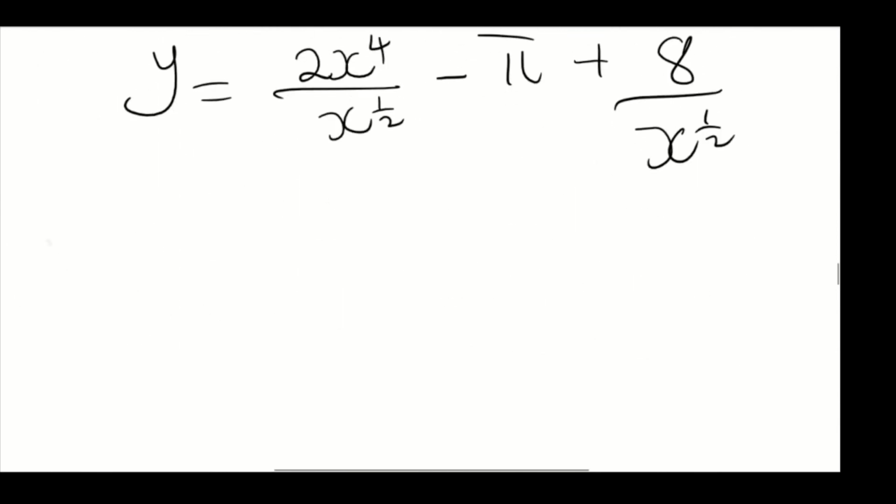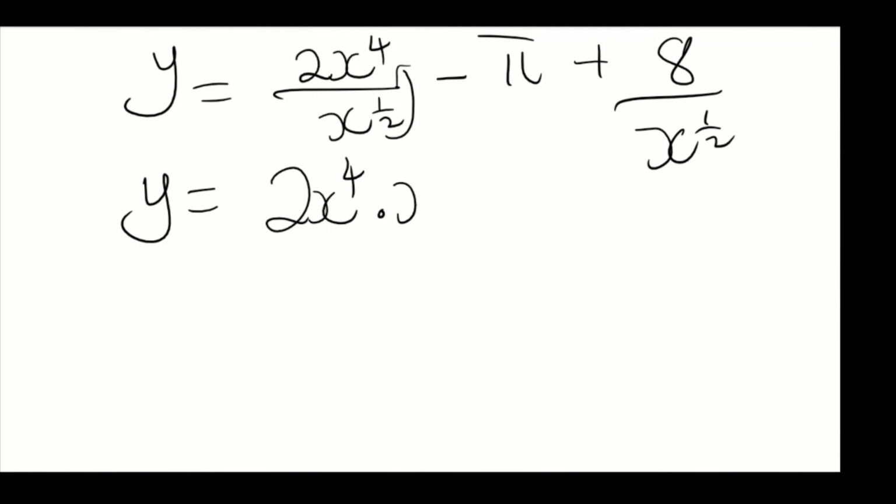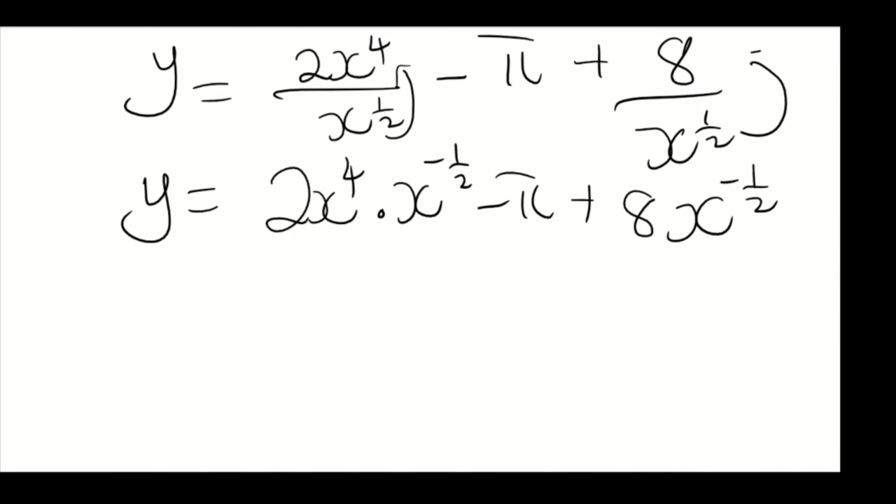So let's first deal with this problem before we derive. So y is equal to, we're going to take this x to the power of half to the top, so it's going to be 2x to the power of 4 multiplied by x to the power of minus 1 over 2 minus pi plus 8x to the power of minus 1 over 2, because we take this to the top.